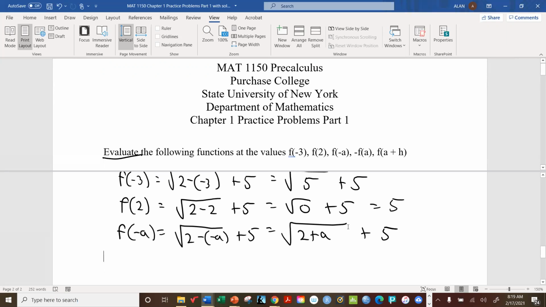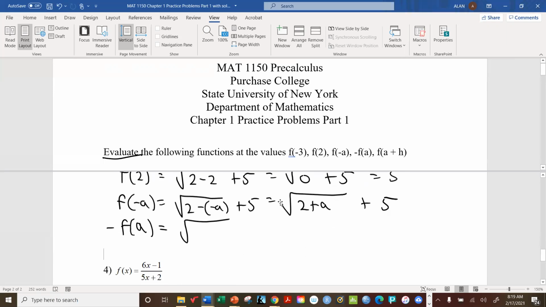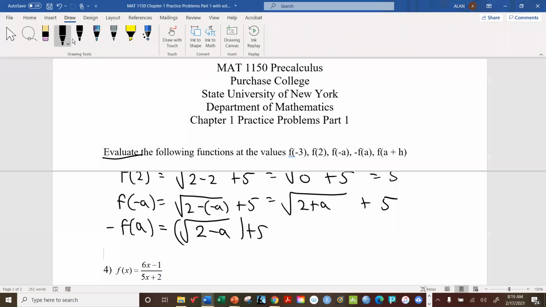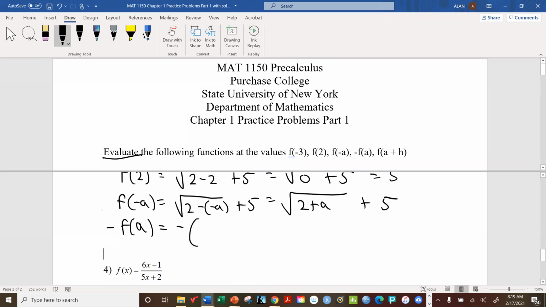Then we need negative f of a. Since the function is radical 2 minus x plus 5, it becomes radical 2 minus a plus 5. Oops, wait. Let's try that again. We'll put the negative on the outside. Then in parentheses, I'll evaluate this at a. That's radical 2 minus a, plus 5.